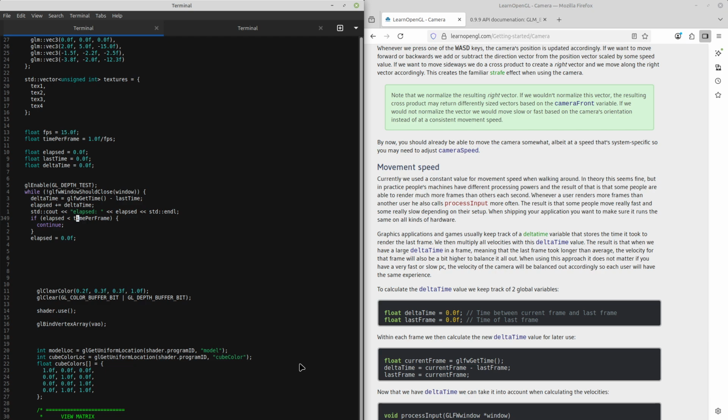Delta time equals. So I don't understand what I'm trying to do here.